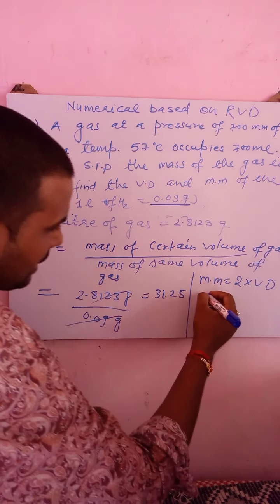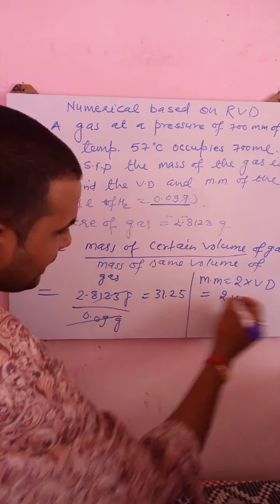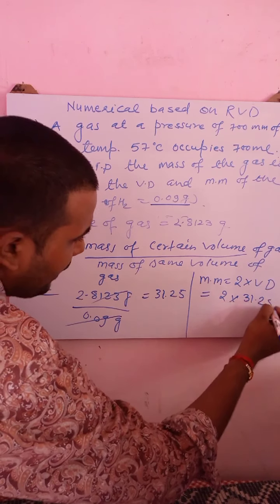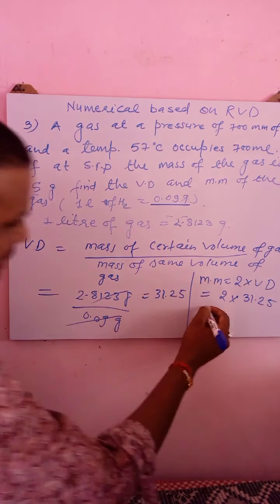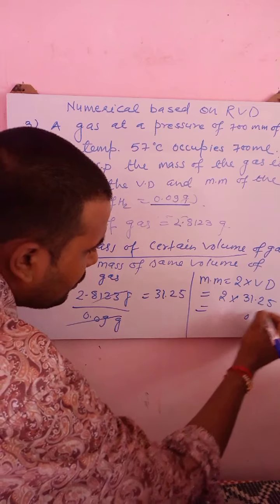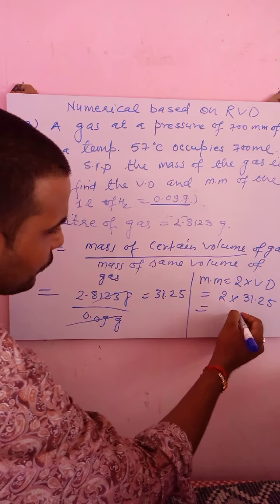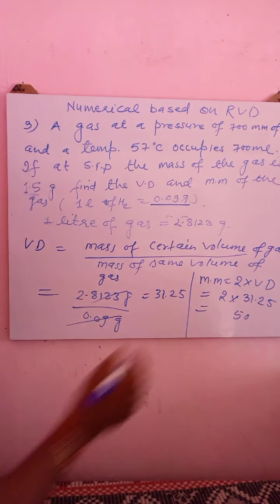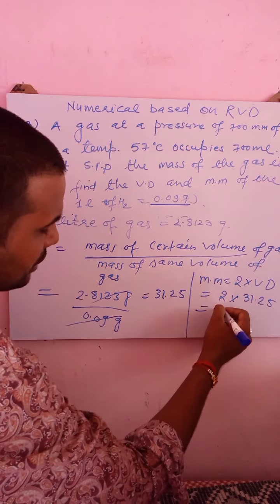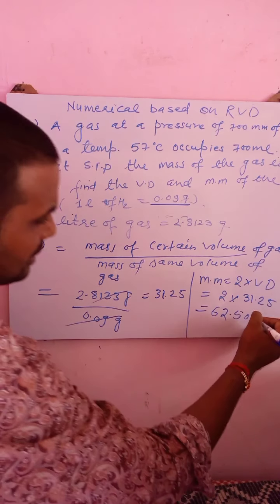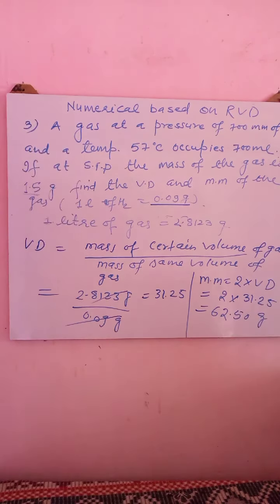So molecular mass is 2 into 31.25. Multiplying it, we get 62.50 gram, which is the relative molecular mass of the particular gas. I hope you people understood it clearly, right?